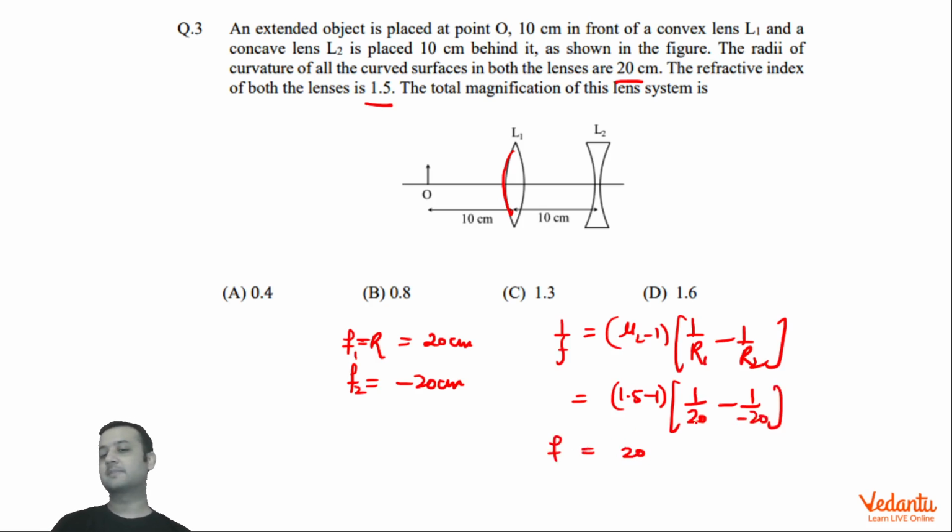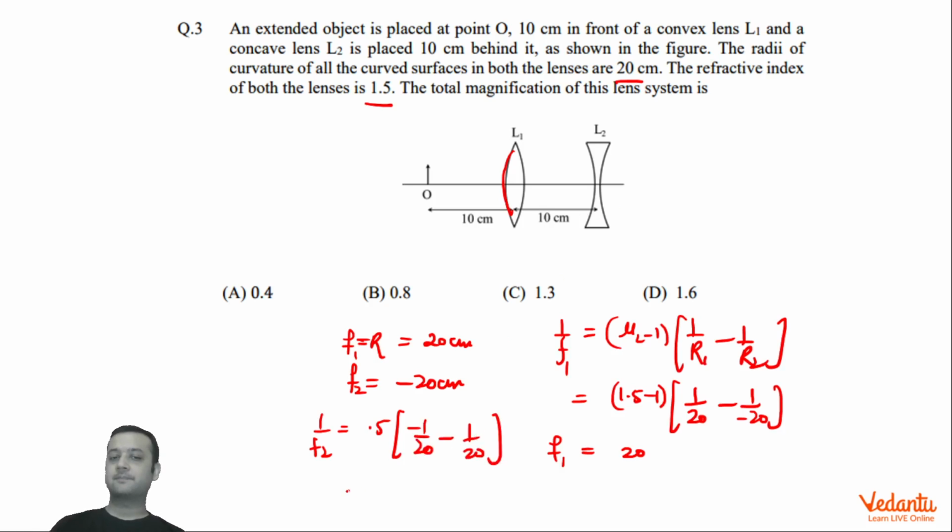Correct? You can see that this becomes 1 by 10 and this is 0.5. So this becomes f equals 20. So this is f1. Similarly, if you calculate f2, 1 by f2 will be equal to mu of lens minus 1, which is 0.5. Now R1 will be negative, so this will be -20. R2 will be positive, so this will be 20.